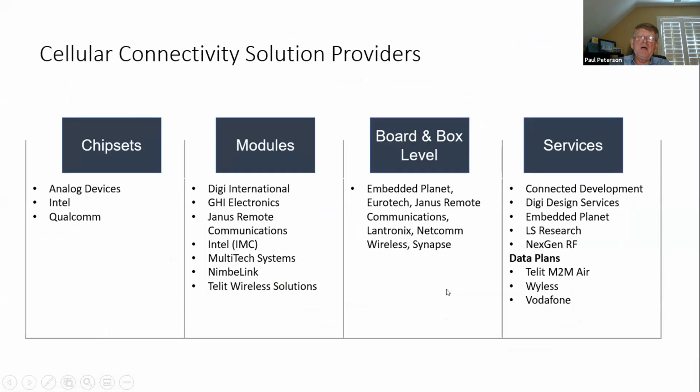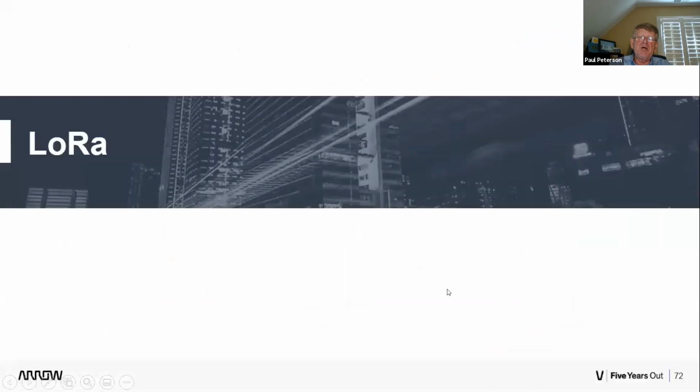All right, finally, I wanted to touch base on LoRa. We talked about the trends that are happening in the IoT space. And it's interesting that we're seeing LoRa emerge as what I would say a clear winner in IoT. LoRa has been around for quite some time.